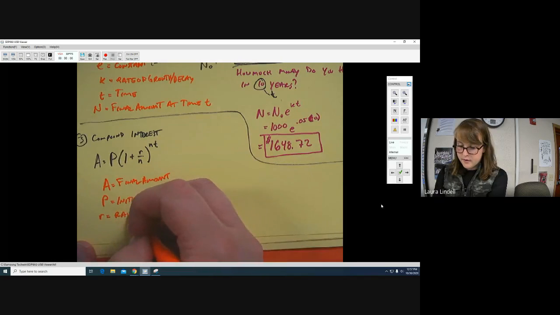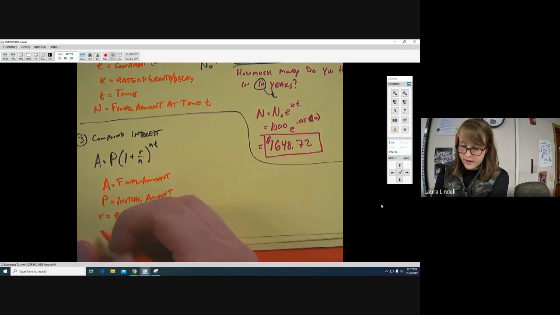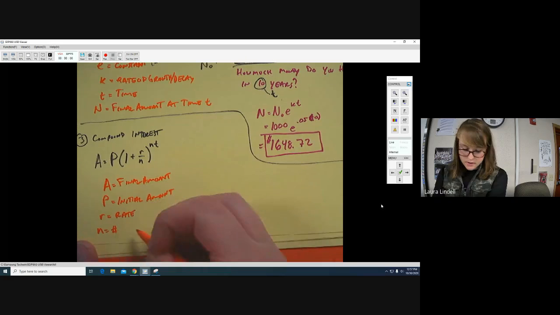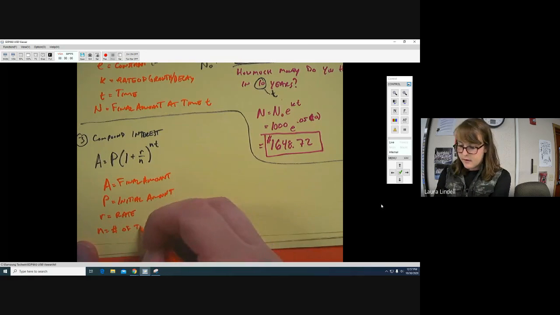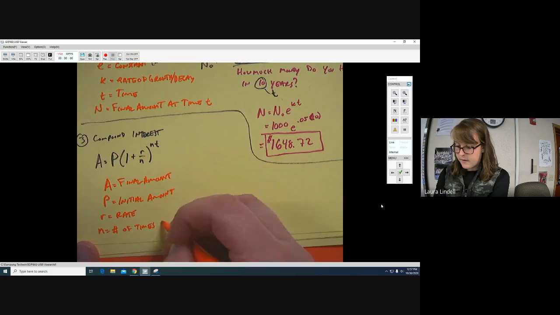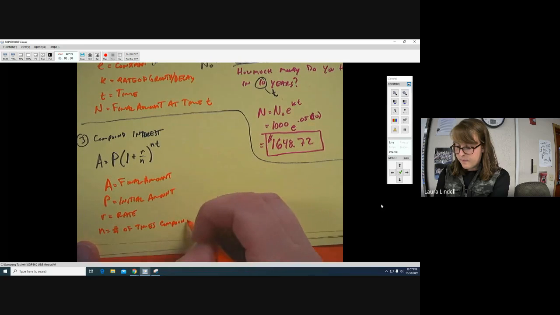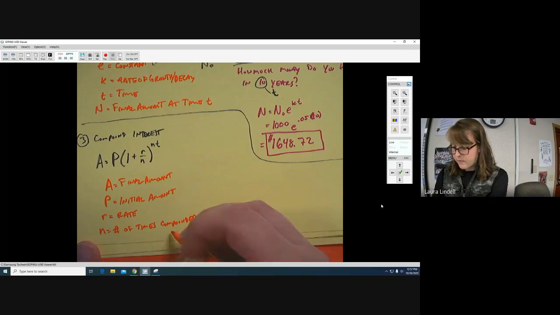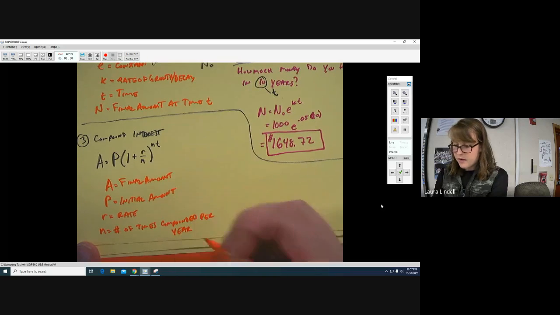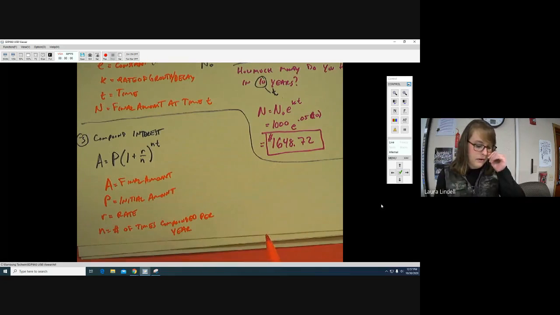And then N is the number of times it's compounded in a year. Number of times compounded per year.